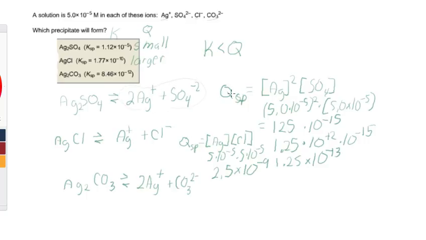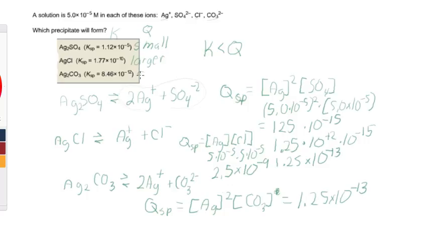Okay, so it's going to be the same Q as the first one, only because we have the same concentrations, and it's going to be the same generic equation. And that's going to equal 1.25 times 10 to the negative 13.